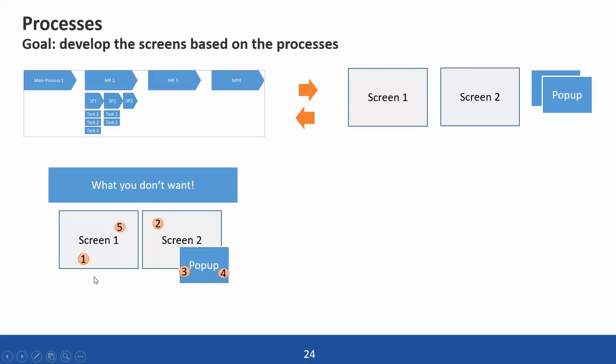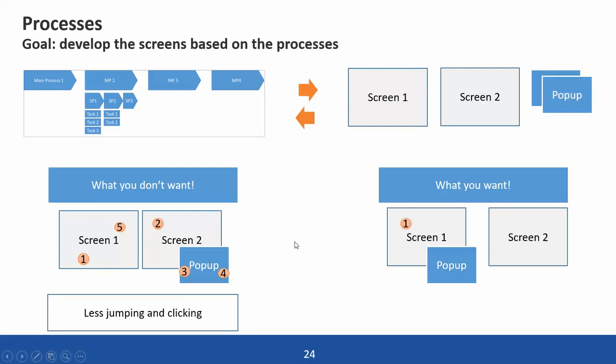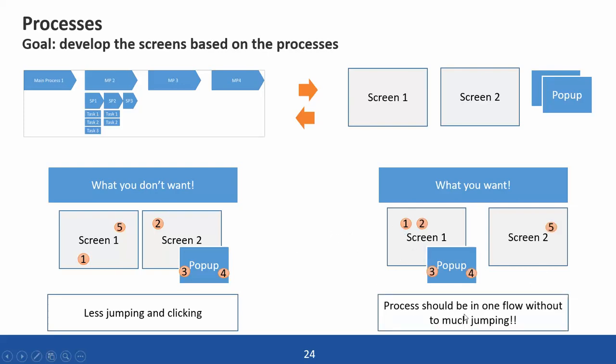So you don't want one process to have a lot of jumping. You want less jumping and less clicking. If you have a process that has to involve multiple screens, what you really want is perhaps that the user does everything in screen 1 and then finishes in screen 2. You can see that's a much more pleasant workflow than jumping between two screens.